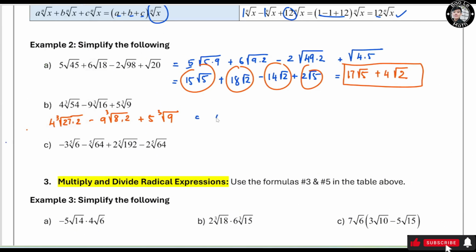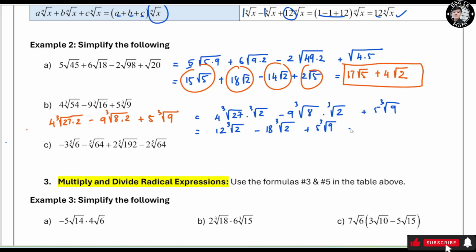This guy can be written as 4 cube root of 27 times cube root of 2 minus 9 cube root of 8 times cube root of 2 plus 5 cube root of 9, right? Now cube root of 27 equals 3. 3 times 4 equals 12 cube root of 2 minus cube root of 8 equals 2. 2 times 9 equals 18, right? Cube root of 2 plus 5 cube root of 9, right?